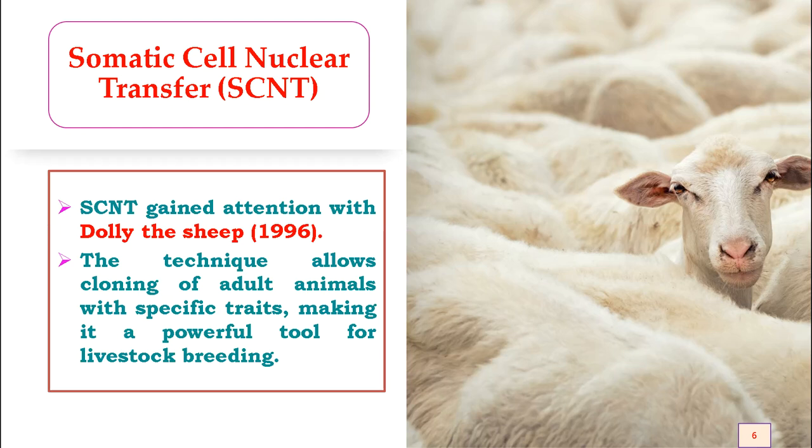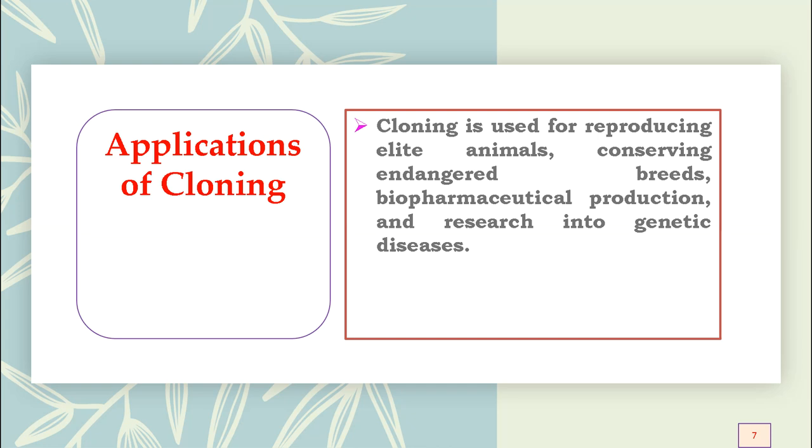SCNT gained attention when the first sheep, Dolly, was produced by this technique. The technique allows cloning of adult animals with very specific traits, making it a powerful tool for livestock breeding. Hence, this drew the attention of the entire world.